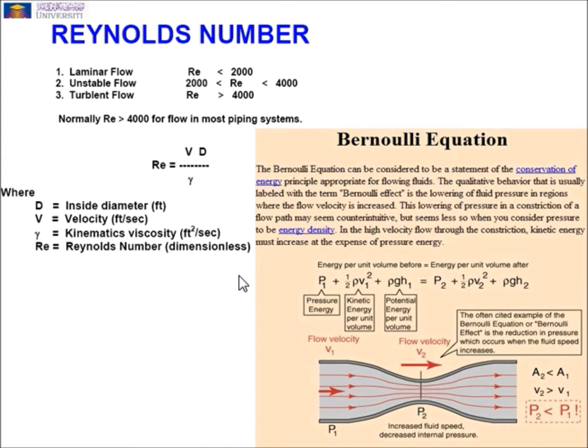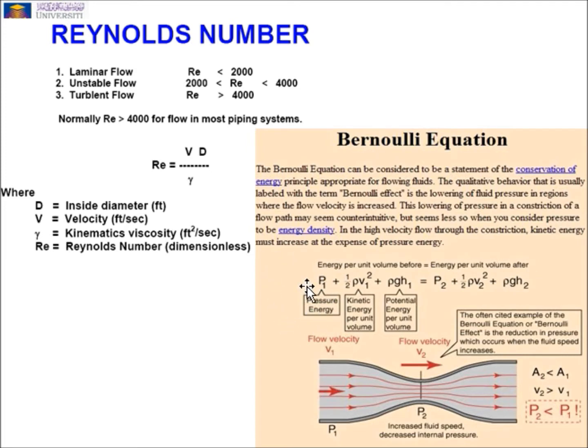So the equation is energy per unit volume before: P1 plus half rho V1 squared plus rho g h1, equals energy per unit volume after: P2 plus half rho V2 squared plus rho g h2.